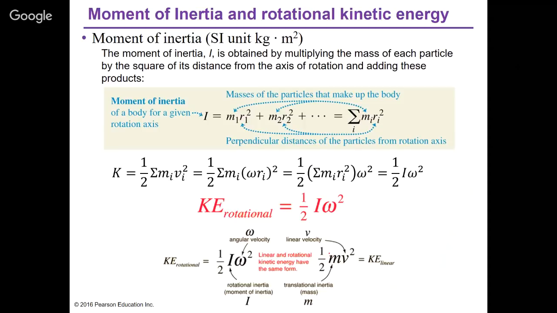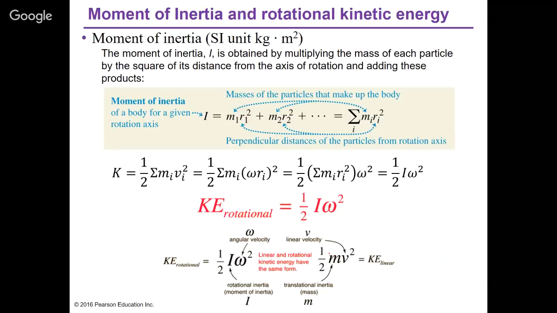We have x, the linear displacement, that has a direct analog, theta, in the rotational space. And we have velocity v, that becomes omega, the angular velocity. And we also have the linear acceleration a. The direct analog in the rotational space is alpha, the angular acceleration.